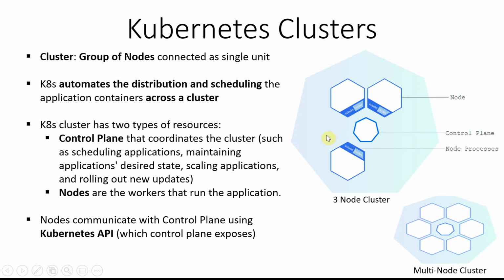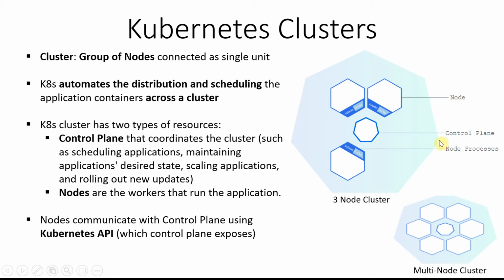This Kubernetes architecture, I'll show you the slides with respect to architecture, but at the end it is a master slave architecture, or control plane node architecture. Master is also called control plane. Master, control plane, these are all the same. They want to avoid the term master slave, so that's the reason they're calling it control plane now.